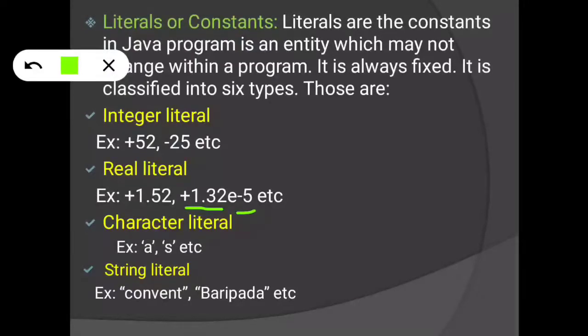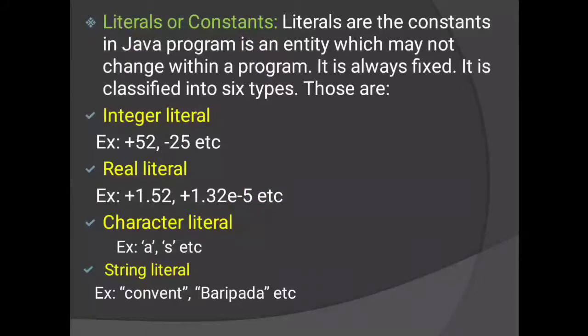Then 1.32 is called the mantissa, and -5 is called the exponent. One thing you remember: the mantissa part will be a decimal number, but in the exponent part we always use a whole number. It means in the exponent part we cannot write a decimal number.